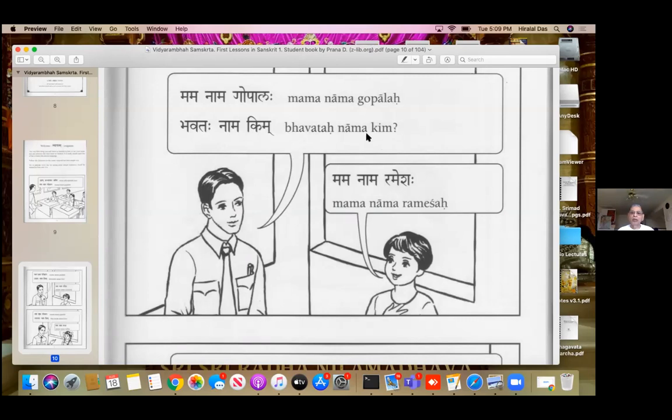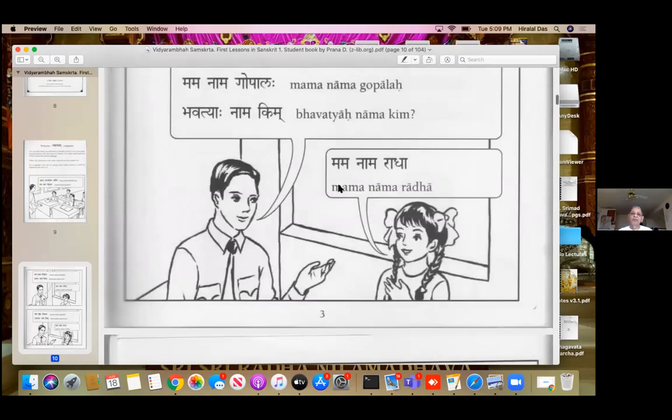Kim means what. What is your name? Bhavataha nam kim? He's asking. The boy replies, Mama nama Rameshaha. His name is Ramesh. The masculine name ends with aha: Rameshaha, Gopalaha, like that.